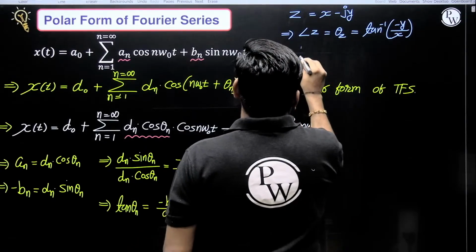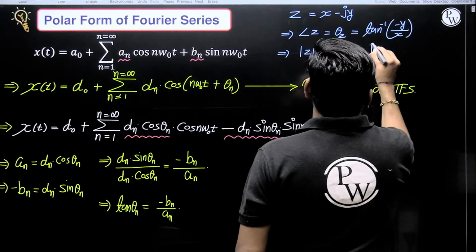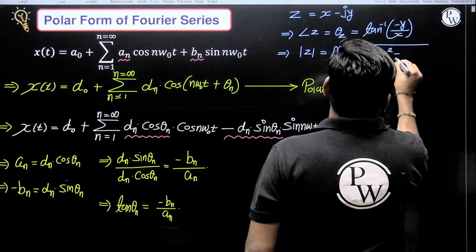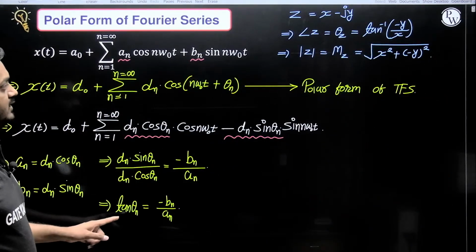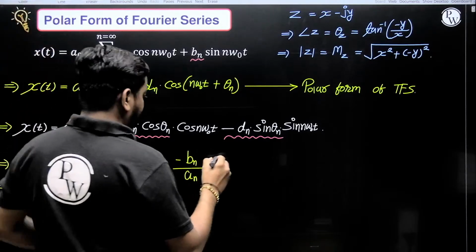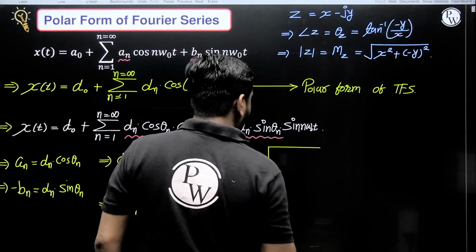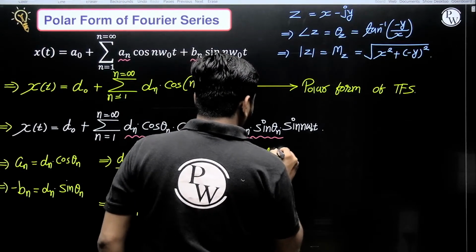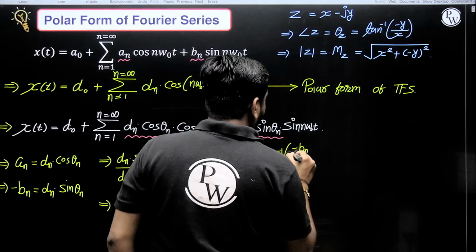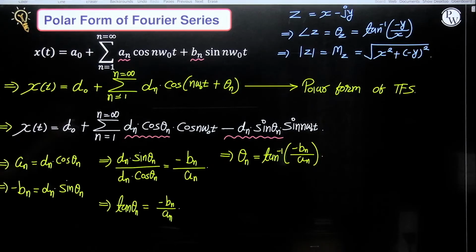And the magnitude will be the root of real part square plus imaginary part square. So tan theta n is equal to this one. So here I can write theta n equal to tan inverse of minus bn upon an, correct. Minus bn upon an guys.